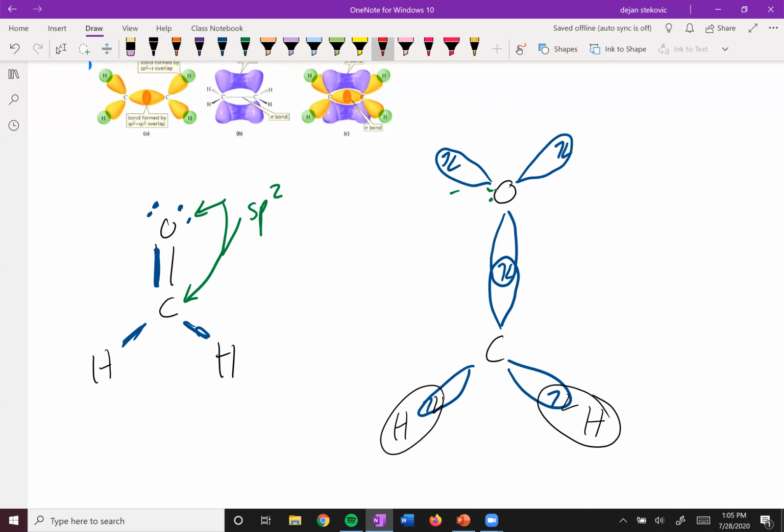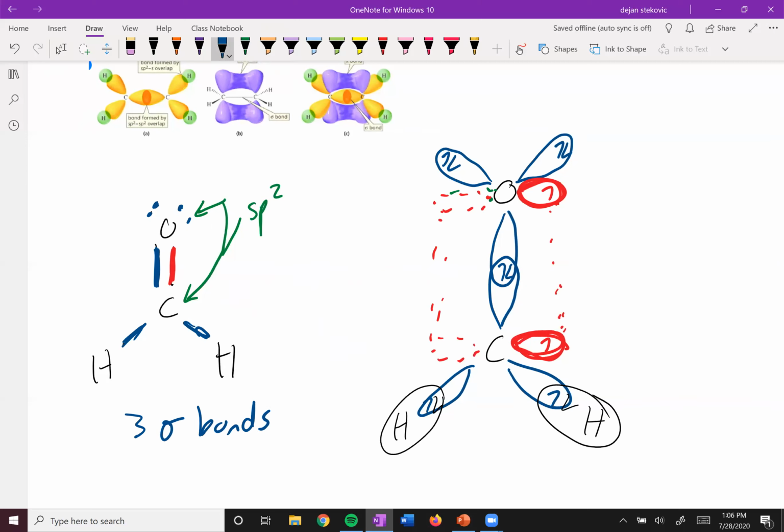Make a different color, red. Right, coming out of the board, going into the back of the board, coming out of the board, going to the back of the board. They have one electron each, and so then we can form a pi bond right there, which explains that right there. So in this case, our molecule has three sigma bonds, and then one pi bond.